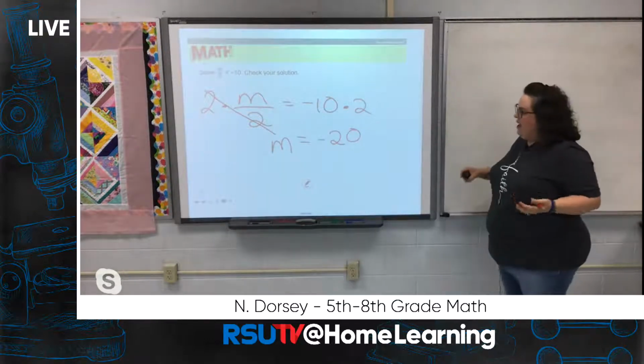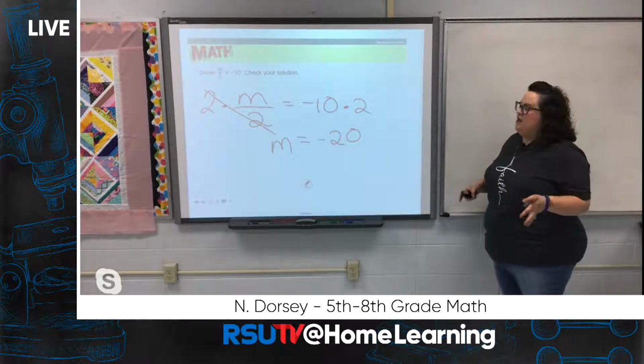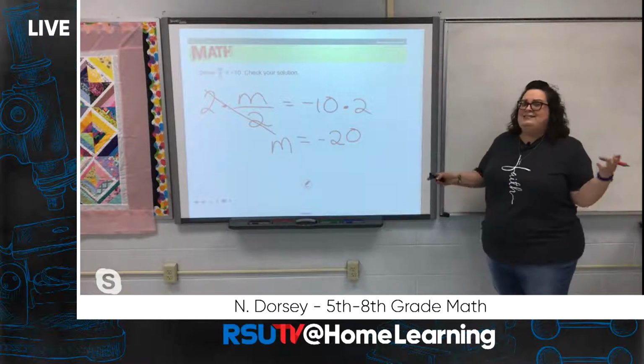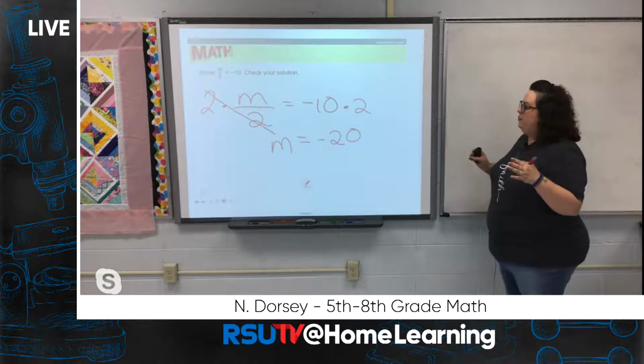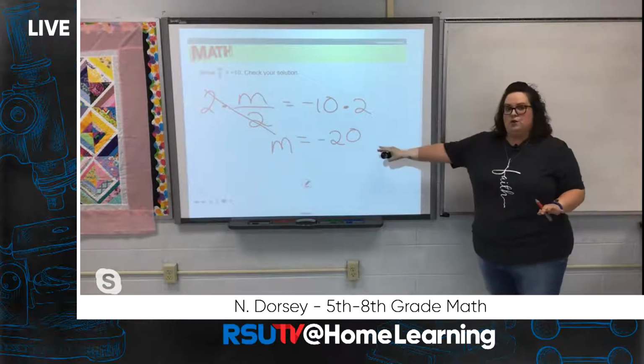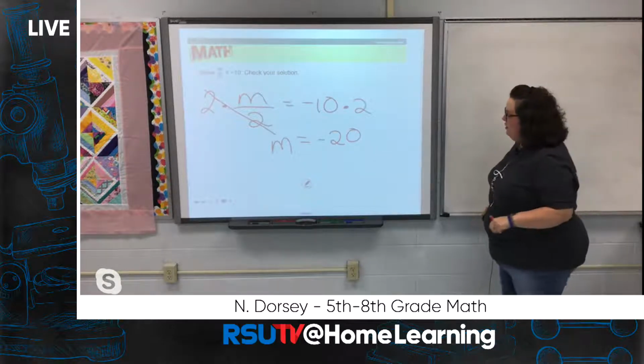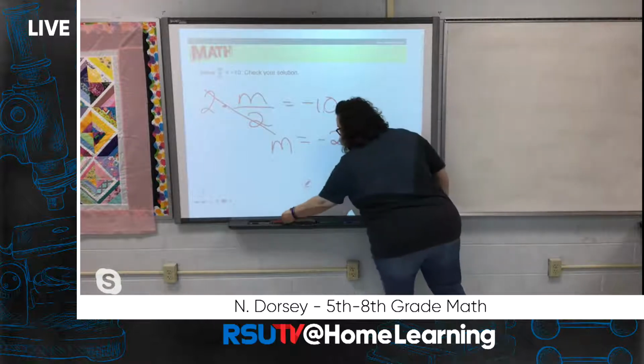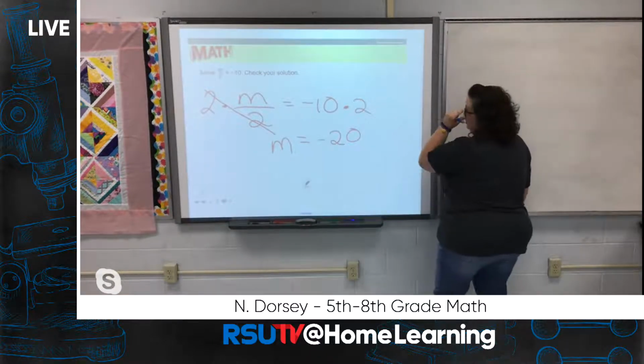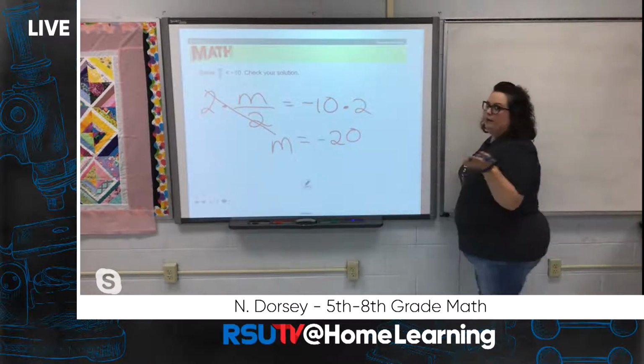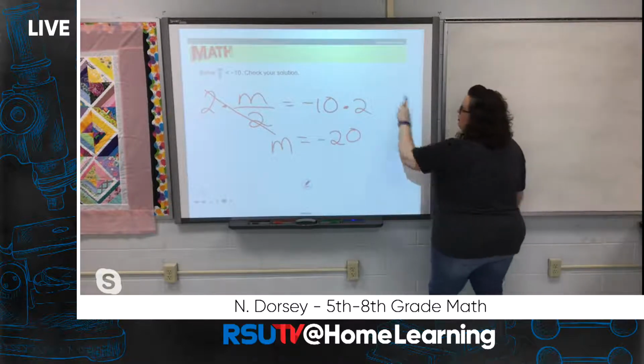Okay, so how do I check my solution in a division problem? Same thing we've done. We plug our answer back into the variable. So I'm going to, I write really big, I apologize. I'm going to write that up here.